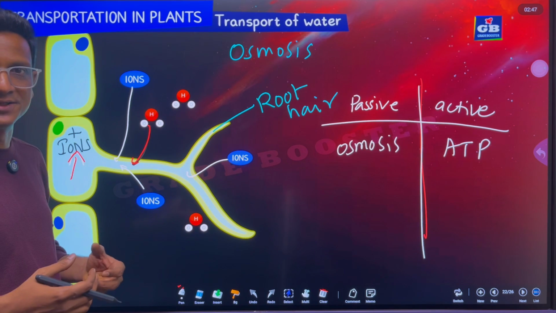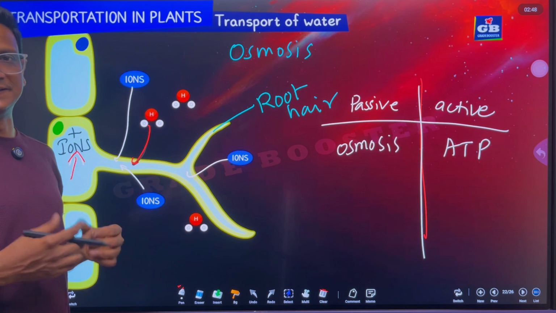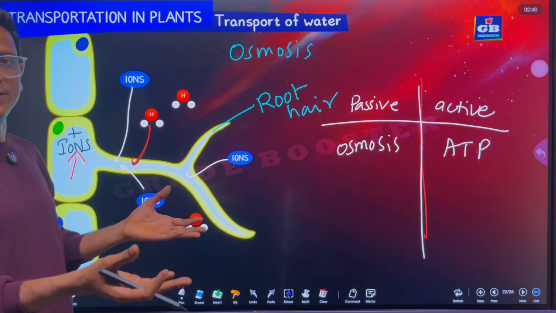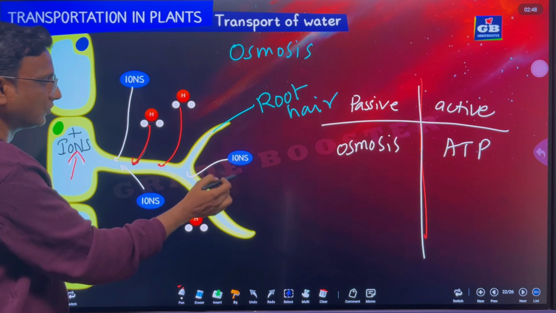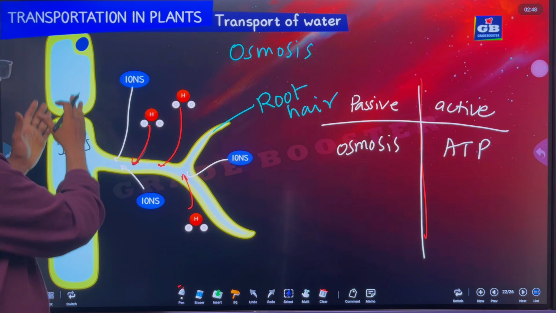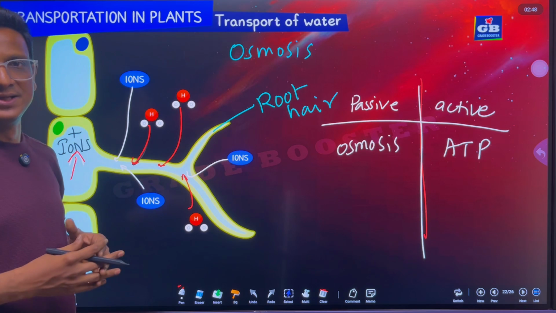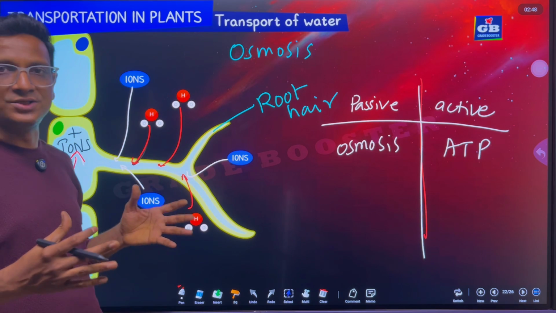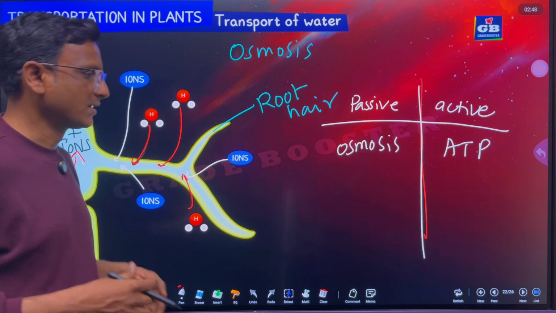Since the concentration of the ions increases, naturally the water, because of osmosis, enters into the root cells. This way the water passes from one cell to another cell and enters the plant. So we know that the entry point of water is the roots.